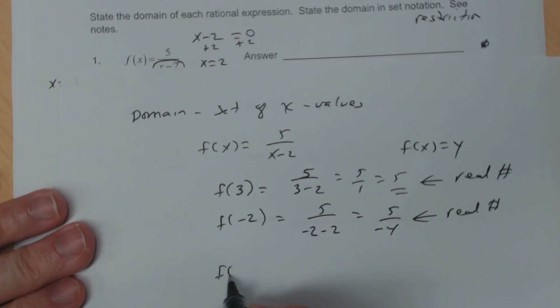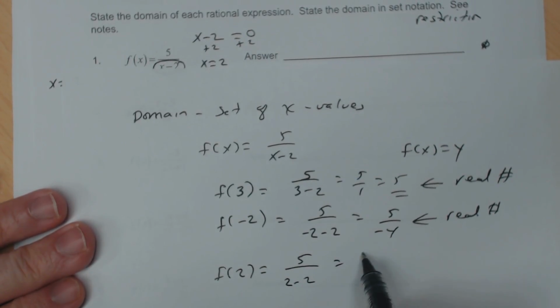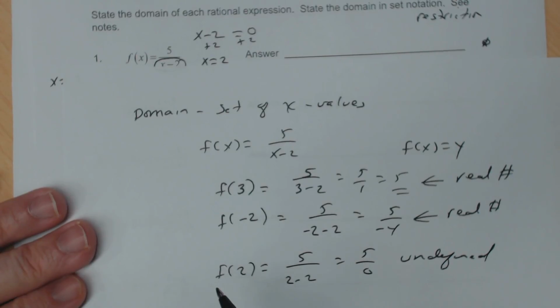Because when x is 2, f of 2 is 5 divided by 2 minus 2, which is 5 divided by 0, which is undefined. So 2 is the only value for x which I cannot use.